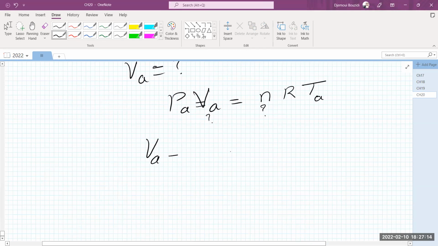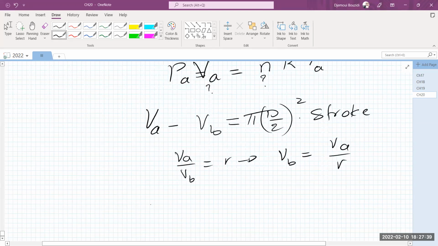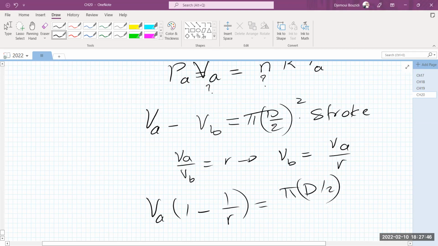VA minus VB is the stroke times the area. The stroke is given to us. And we know the ratio of VA over VB is equal to R. So that means that VB is equal to VA over R. So plugging into that expression gives me an equation for VA: VA times (1 minus 1 over R) is equal to pi times (D over 2) squared times the stroke.